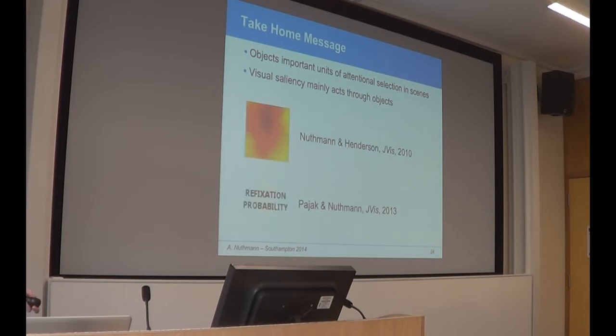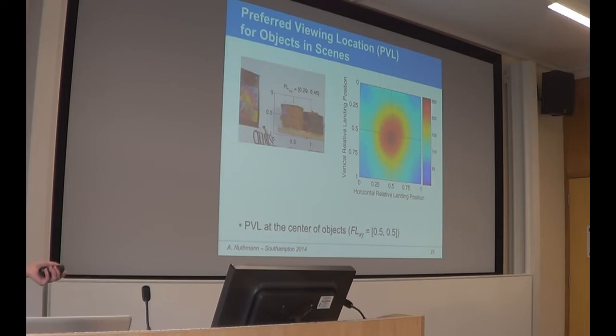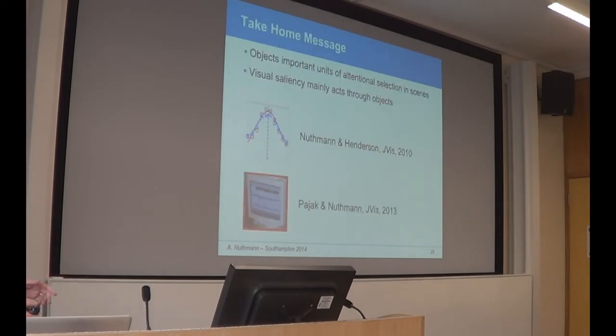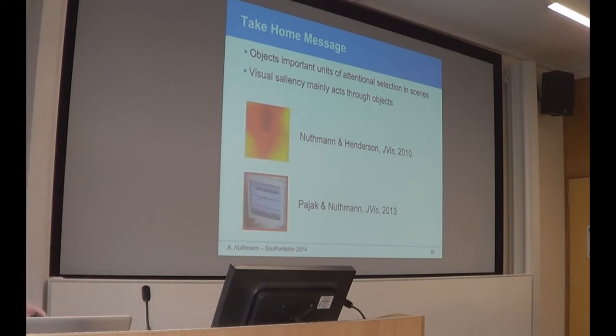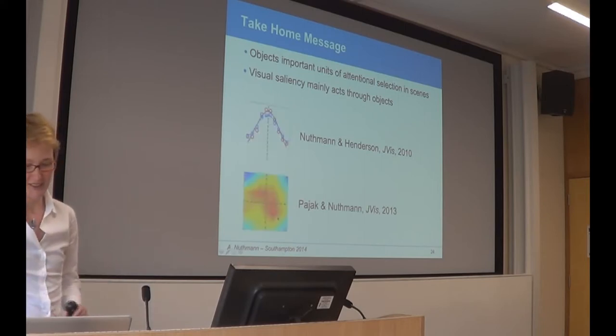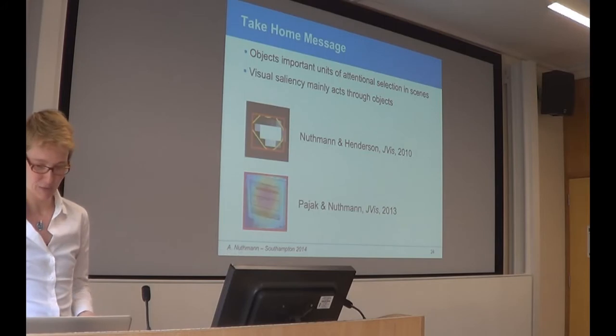Using the method I've briefly introduced here, I attempted to take out that correlation. And once you do that, any systematic relationship disappears. So the PVL here then disappears, right? So that's a very brief story about this type of research.